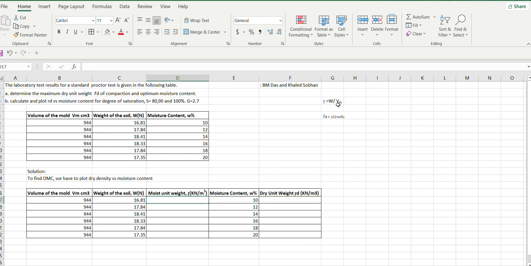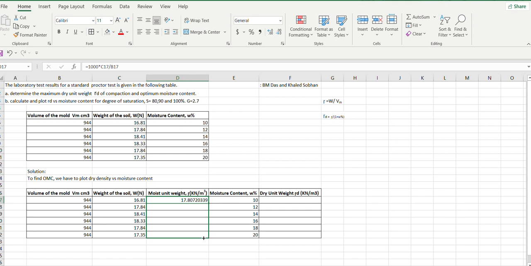The formula for moist unit weight is given here. Gamma is equal to weight per unit volume, that is, the weight of the soil divided by the volume of the mold, and we have to bring it to the unit kilonewton per meter cube, so multiplied by 1000.